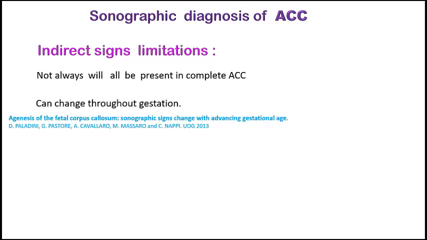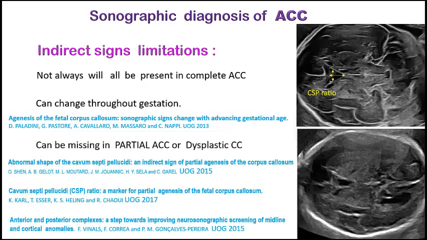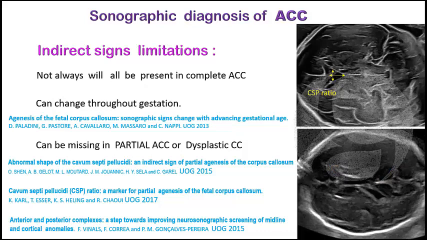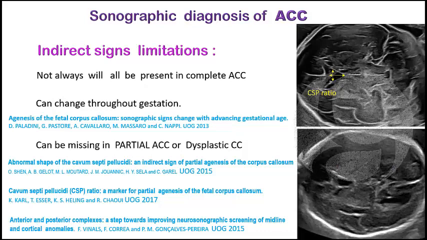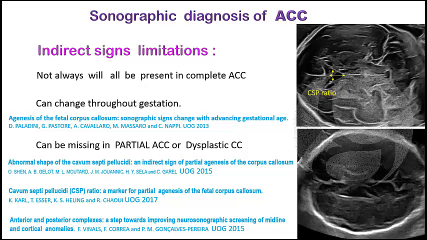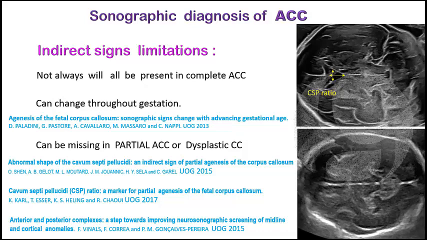They can change throughout gestation and can be missing in cases of partial agenesis or dysplastic corpus callosum. In order to increase the detection rate of these cases in the axial planes, it has been proposed to look at the cavum septi pellucidi ratio or the anterior and posterior complexes. But despite all these indirect signs, in some cases of partial agenesis, we will not be able to detect them in the axial planes.